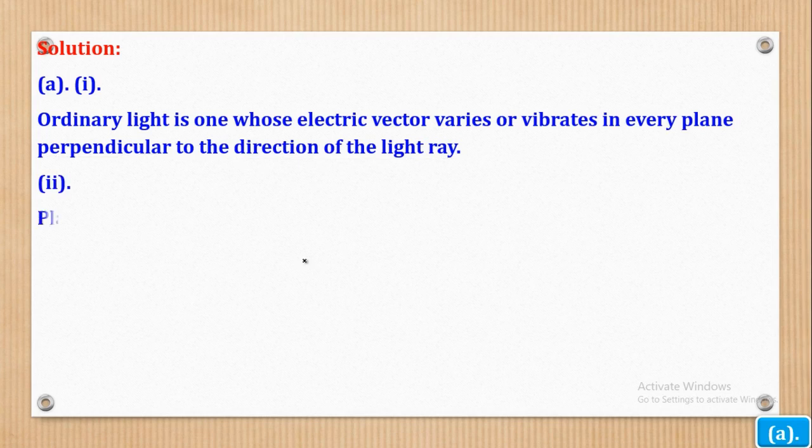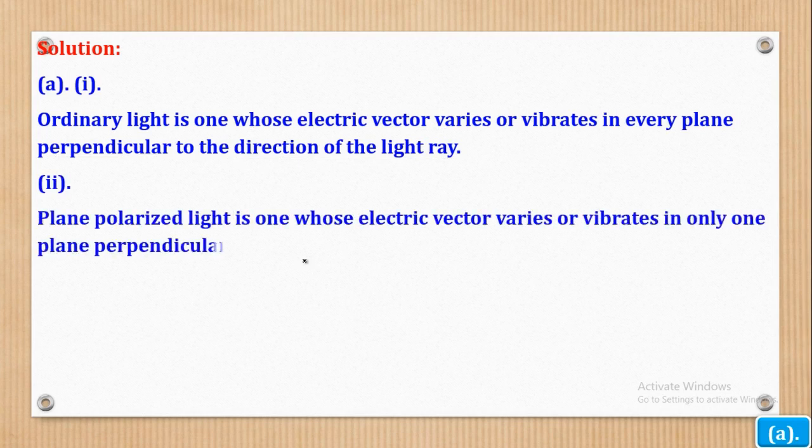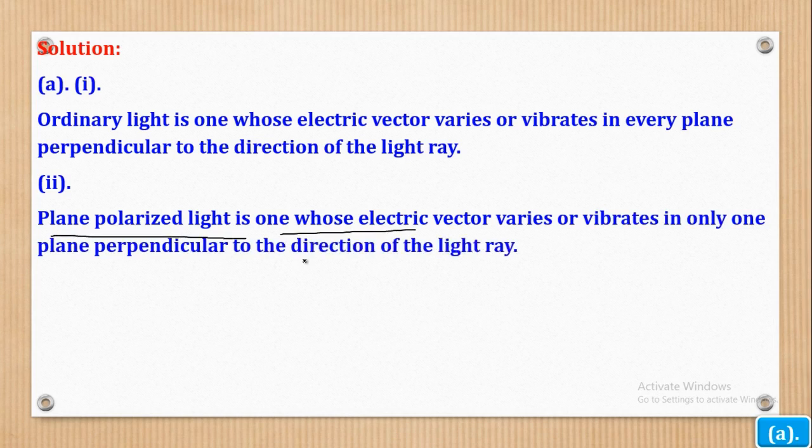Then Roman 2, we shall say that plane polarized light is one whose electric vector varies or vibrates in only one plane perpendicular to the direction of the light ray. So here it is in every plane, here it's only in one plane.